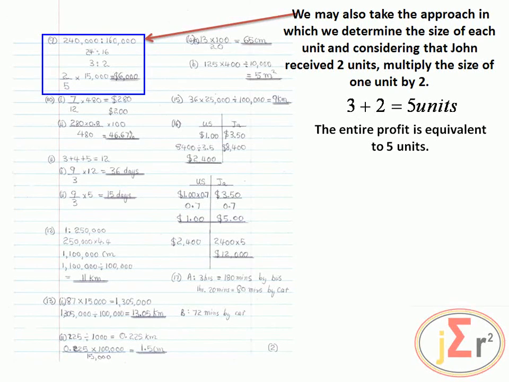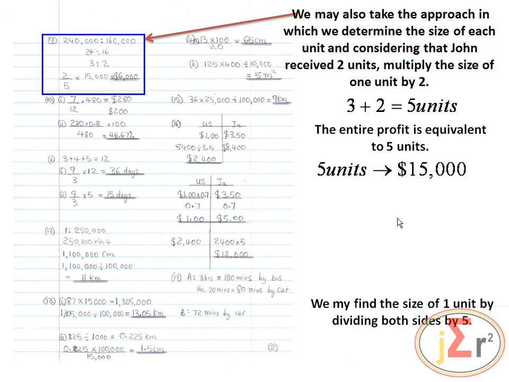So the total is represented by 5 units, and that total is actually $15,000. So we have 5 units are equivalent to $15,000.